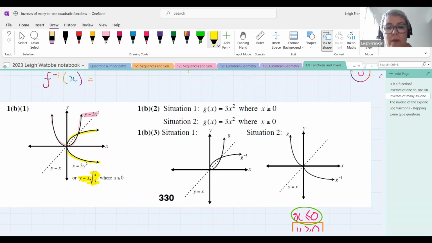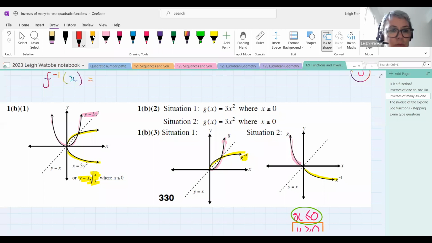Then when we restricted the domain to where x was positive, we would have ended up with this arm of the original function, and that over there. And again, if we restricted it to where x was negative, we would have this over here, and that over there.